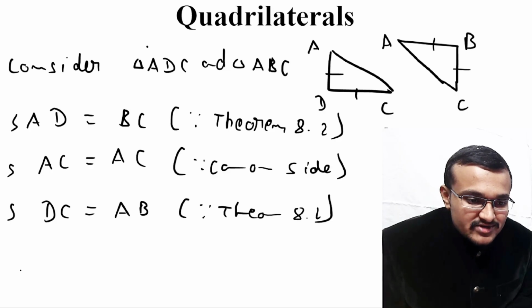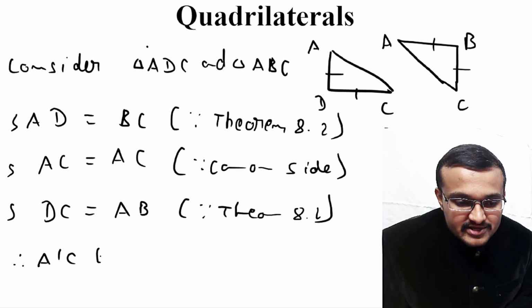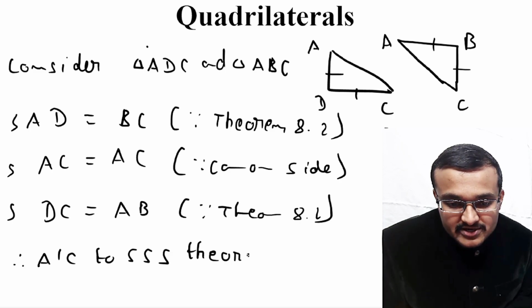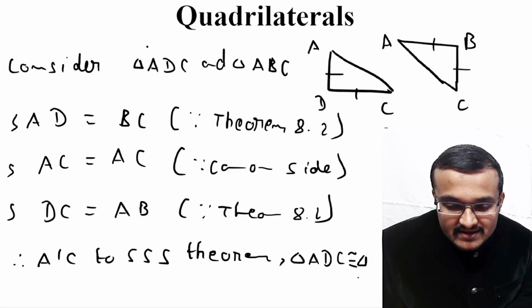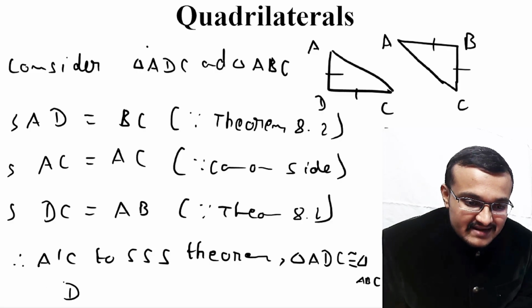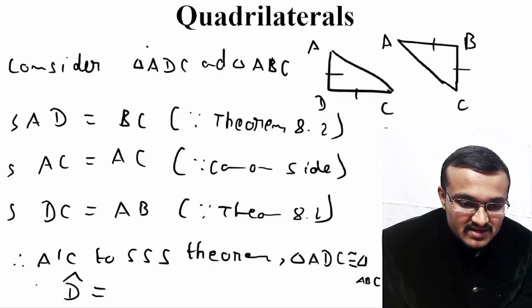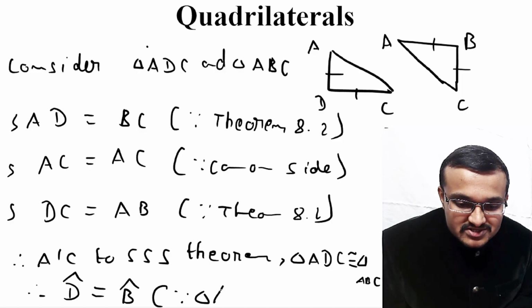Now again according to the SSS theorem, triangle ADC is congruent with triangle ABC. So that means angle D will be equal to angle B. This is because triangle ADC is congruent with triangle ABC.